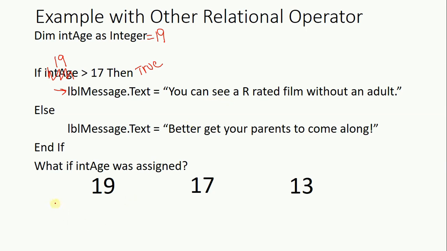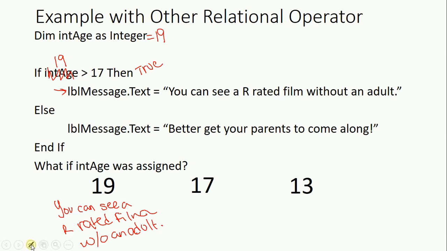So this would say you can see an R-rated film without an adult. There should be an M on there. There we go. Then 17. 17 is going to run here.